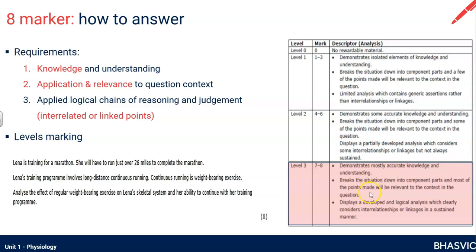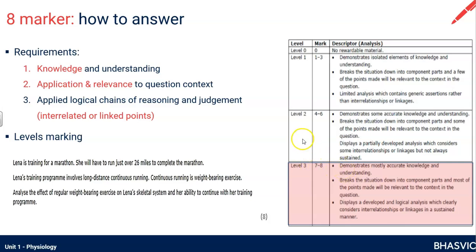Or do you mostly give correct information, break your points down and make sense of them, and build them up in a really logical, interrelated way? That will determine which level you get, and therefore within that level what mark you might get. So they'll decide the level first and then give you a grade or a mark within that level.